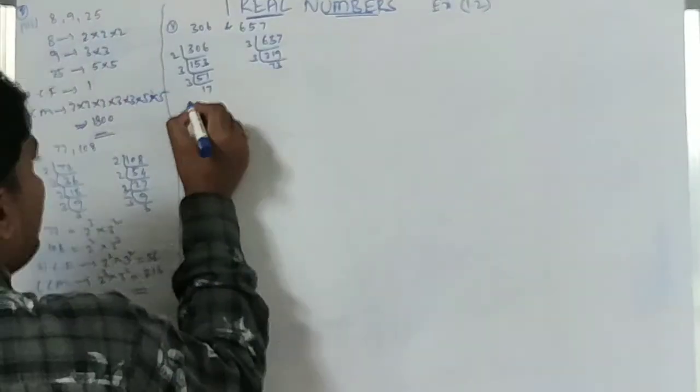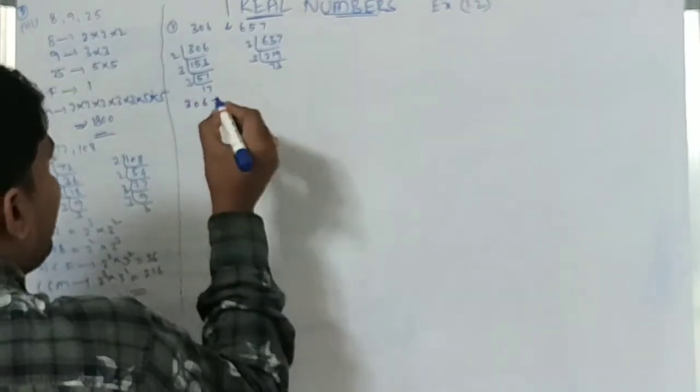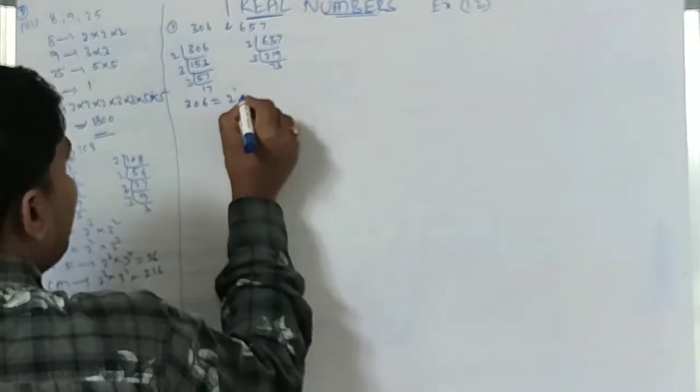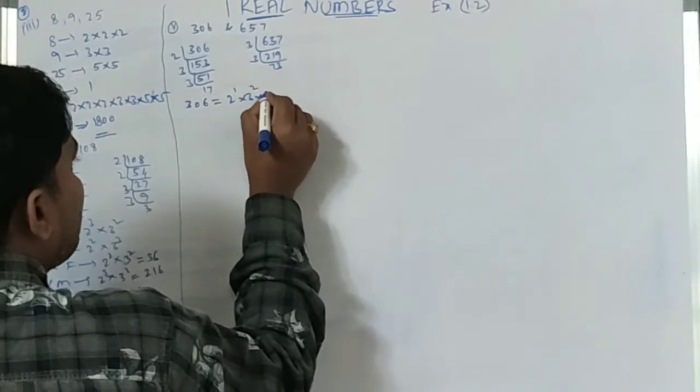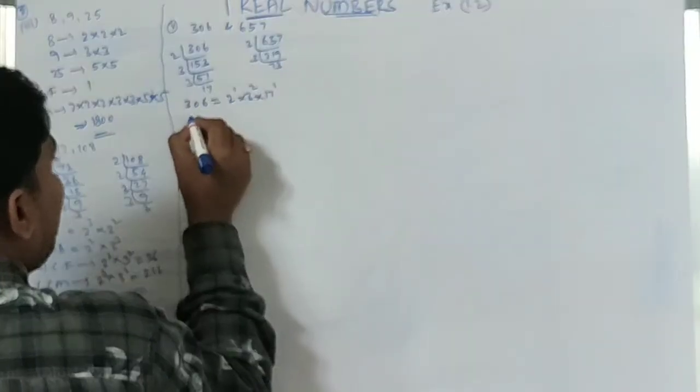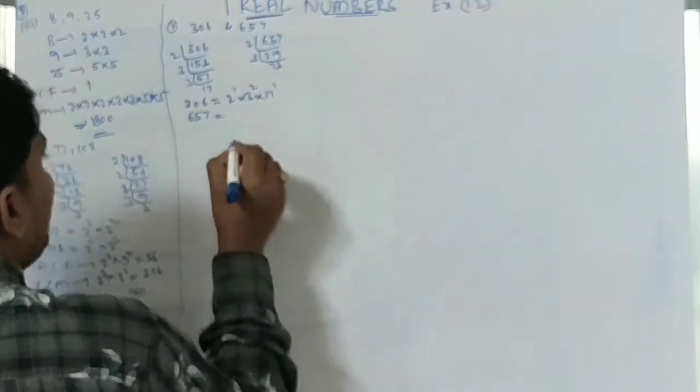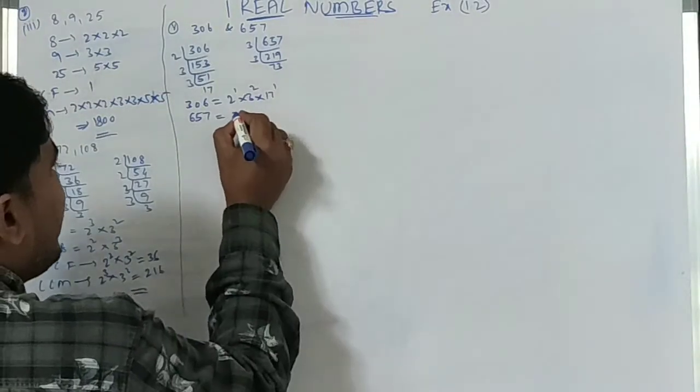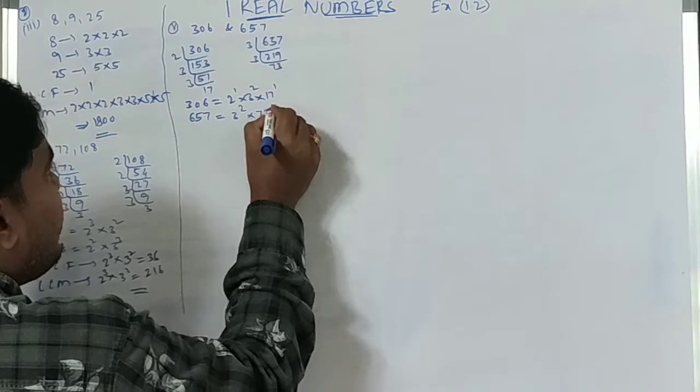Now 306 equals 2 power 1, 3 power 2, 17 power 1. 657 equals 3 square into 73 power 1.